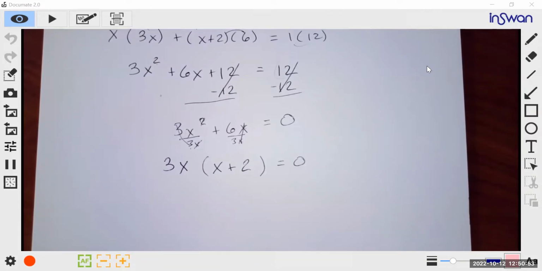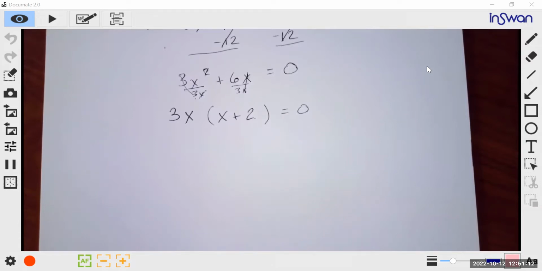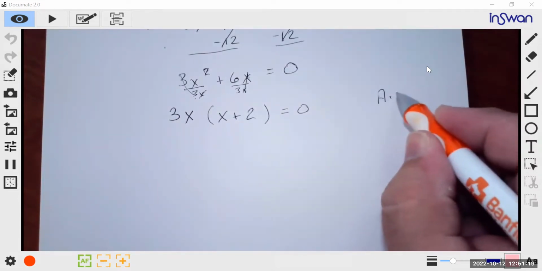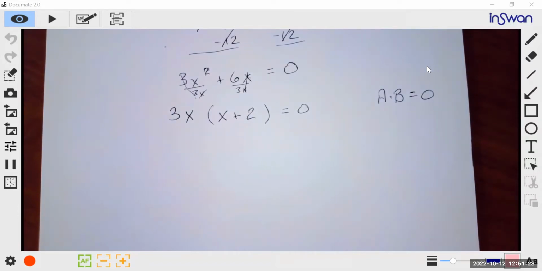Then what do you think we have to do? There's no moving. We have it set equal to 0. We're down to linear equations. There are no more squares anywhere. If you have two numbers or two terms multiplied together that equals 0, what has to be true?